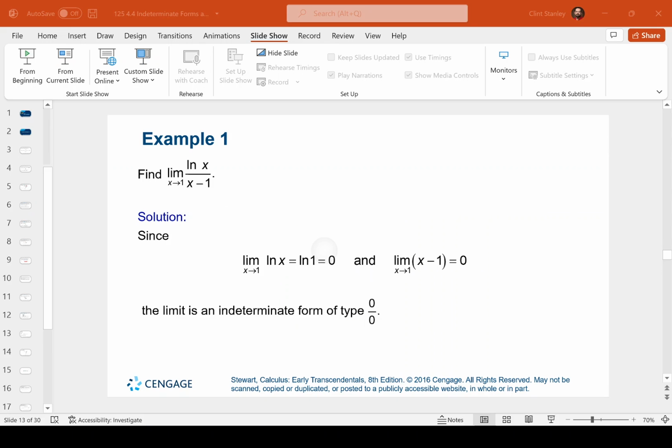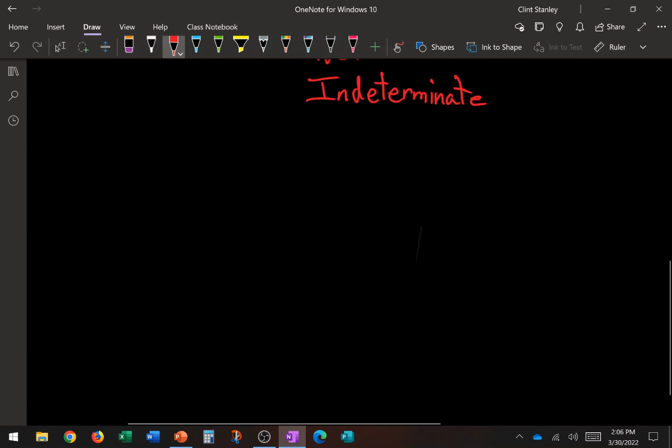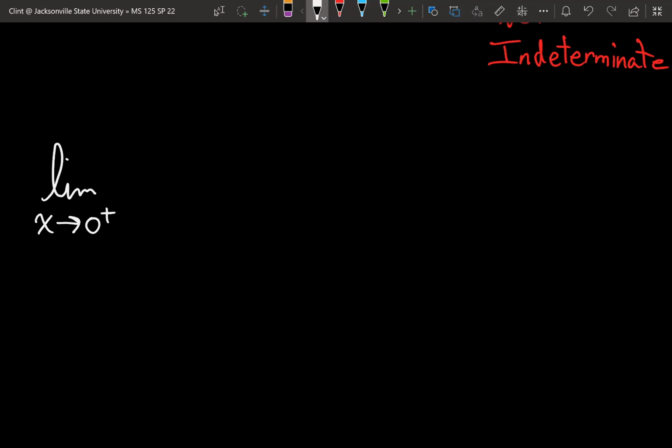Let's go over to our scratch paper here. So we want the limit as x approaches 0 from the right of x times ln of x.